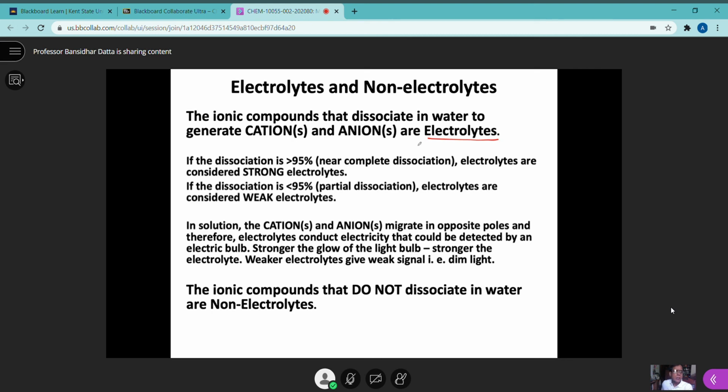That's electrolytes. Please remember, if that dissociation is greater than or equal to 95%, or near complete dissociation, the electrolyte is known as a strong electrolyte.